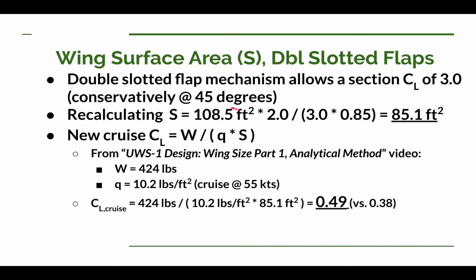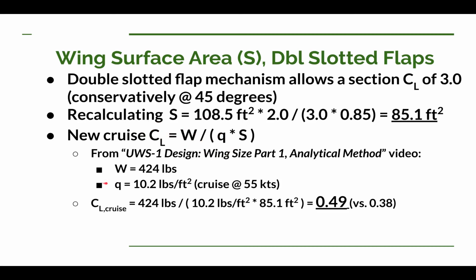We're going to end up increasing the wing loading of our wing, because we still have the same load, 424 pounds. Let's recalculate that. If you remember, we're going to figure out our coefficient of lift at cruise by taking the weight, dividing it by Q, which is our dynamic pressure, multiplied by the surface area of the wing.